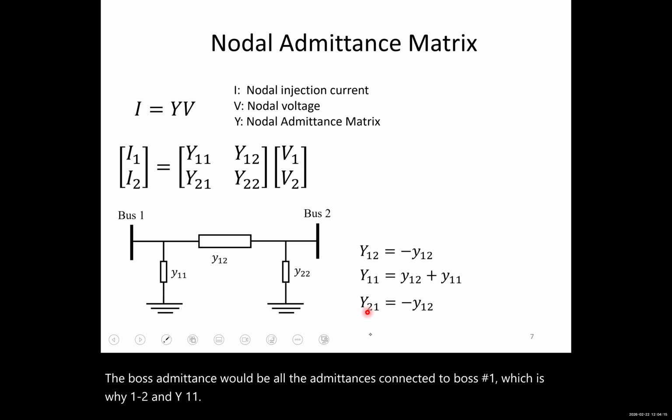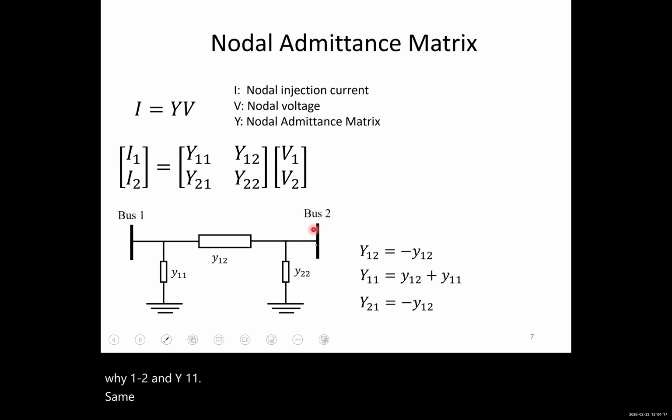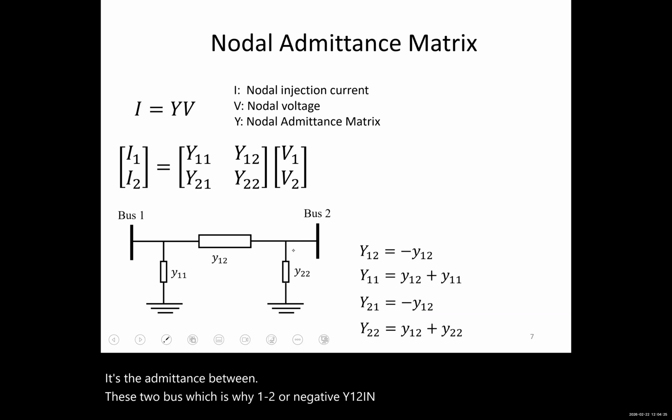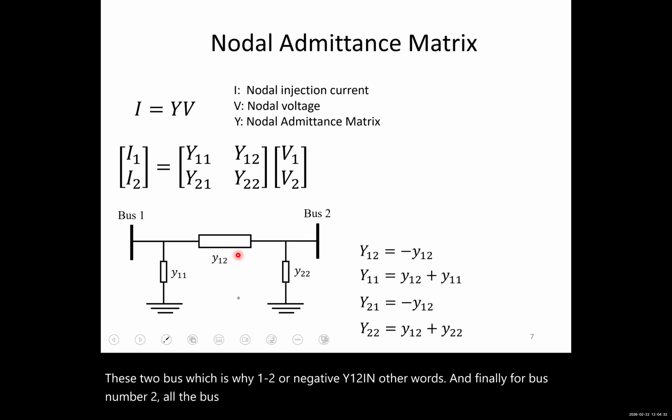Same thing for Y21. It's the admittance between these two buses, which is negative y12. And finally, for bus number 2, all the admittances connected to the bus are going to be y12 and y22. So y12 plus y22.